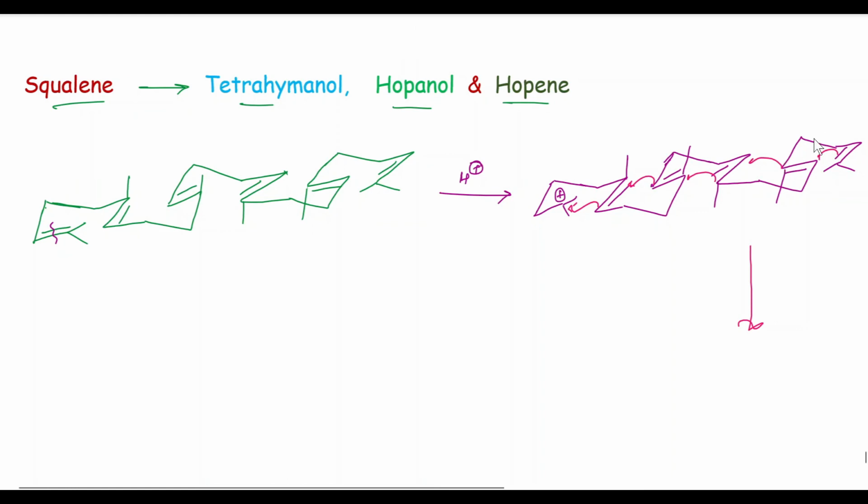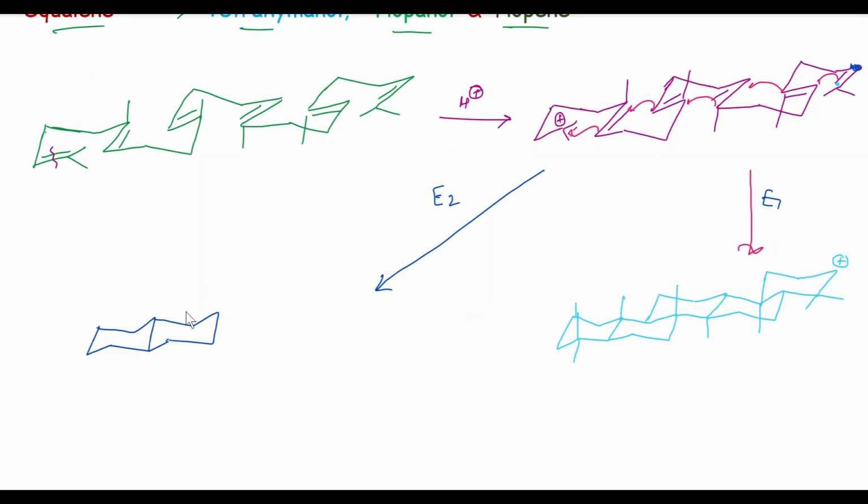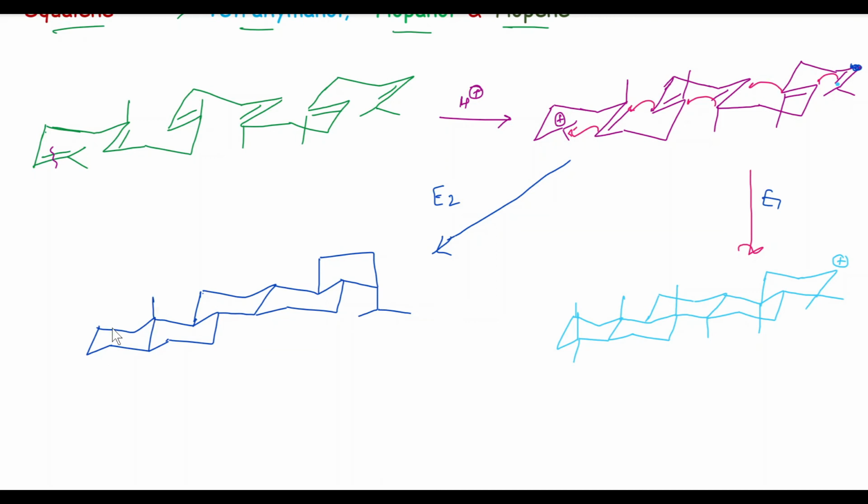If cyclization takes place via this carbon atom, then we get here a positive charge, and if cyclization takes place via this carbon atom, then we get here a positive charge. This cation is known as hopanyl cation.